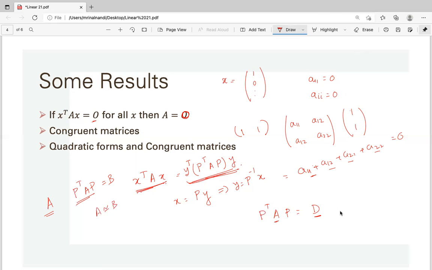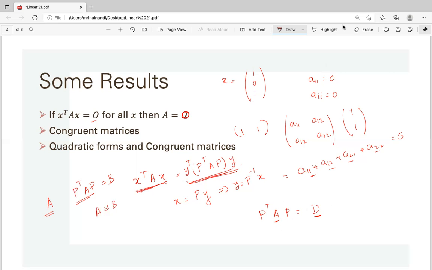So once we get P transpose A P is positive definite, that means A is positive definite.